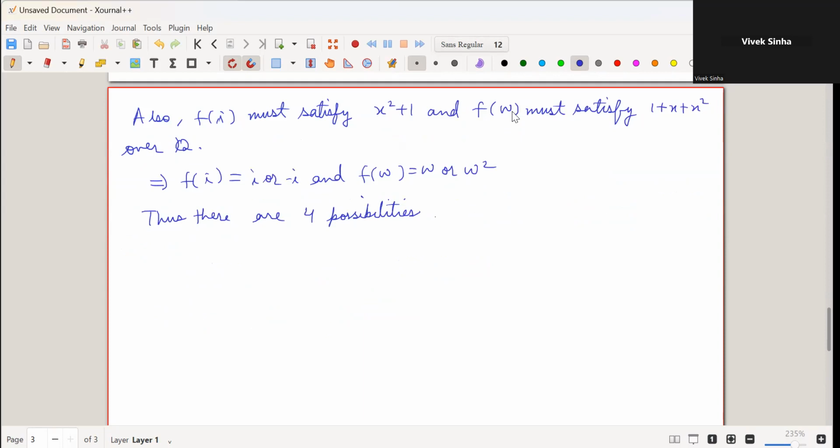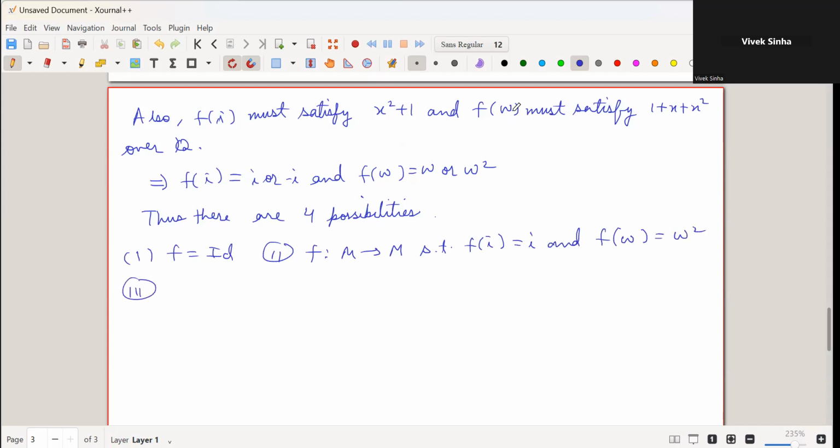So first is identity, right? You fix both. Second, third, and fourth, you have to change at least one. So first one is f is identity. Second one is f from M to M such that f of iota is iota and f of omega is omega square.